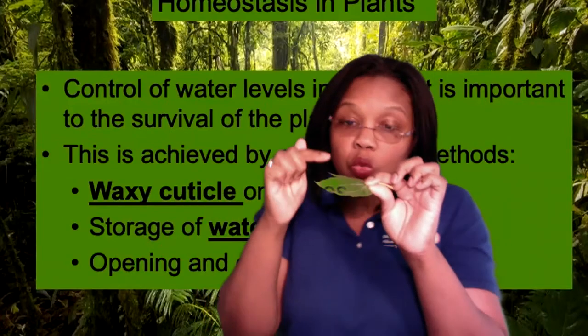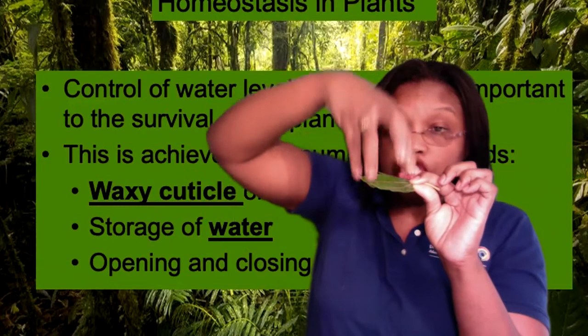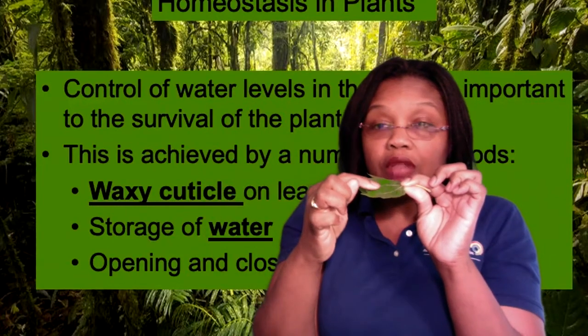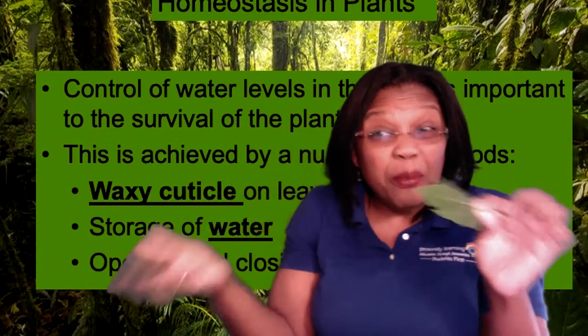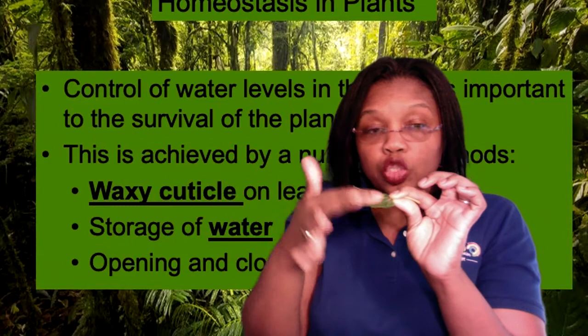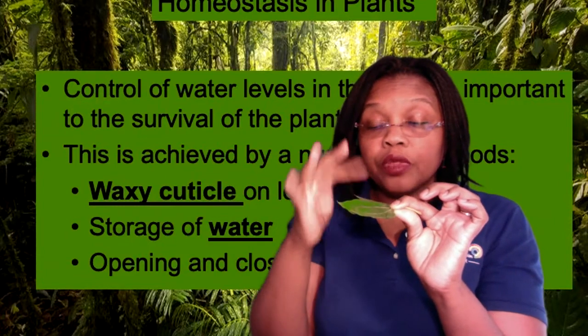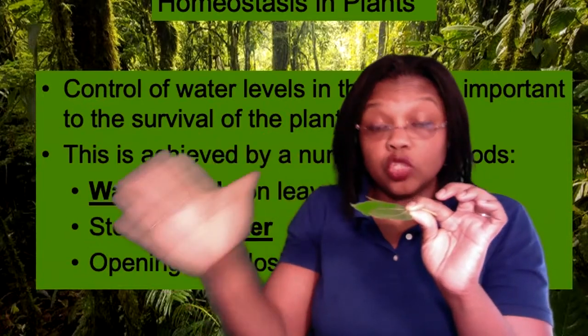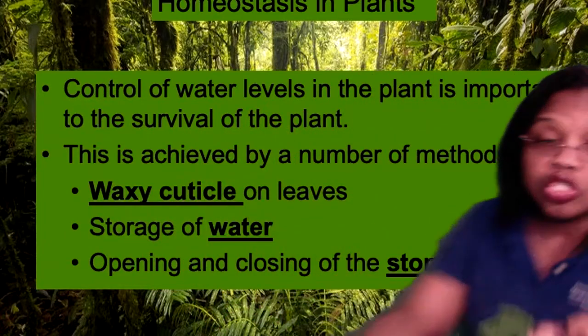It prevents the water from evaporating this way. Even though the sun is shining here, it's not going to allow the water to leave off the top of the leaf because it evaporates too fast. It won't be balanced properly, so we protect the top part, okay? So we're protecting the top part from water leaving because we want to control the amount of water leaving, okay?